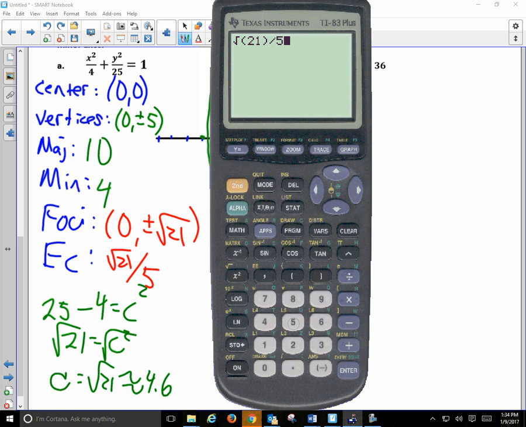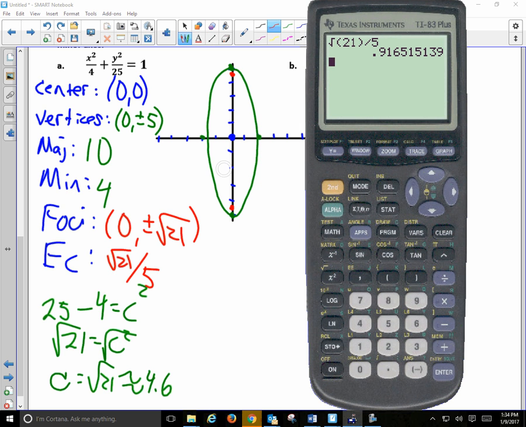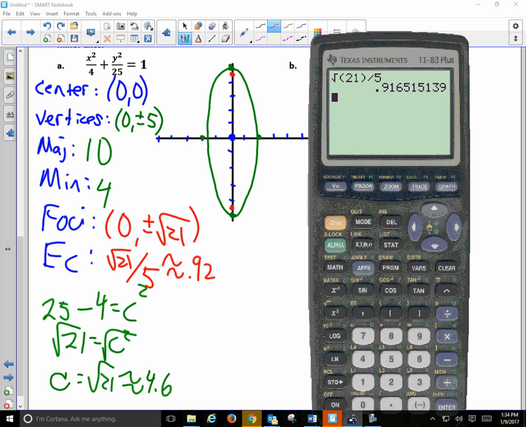But if I take the root of 21 divided by 5, I get 0.92. So it looks like this one is close to 1, which means it's pretty well stretched out. And that's it. That's all there is to an ellipse. Not that bad, huh? Compared to a parabola?